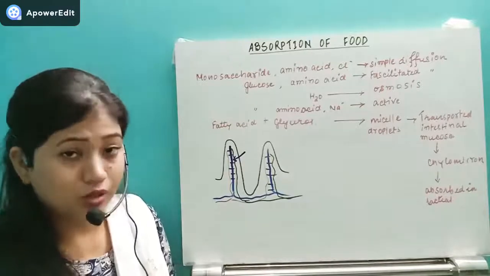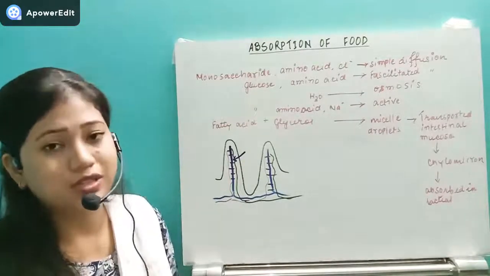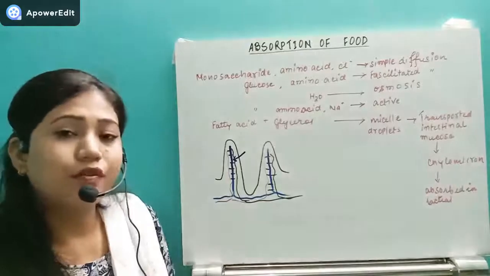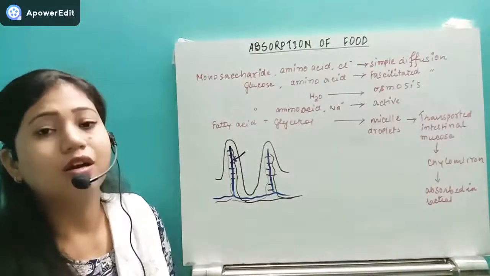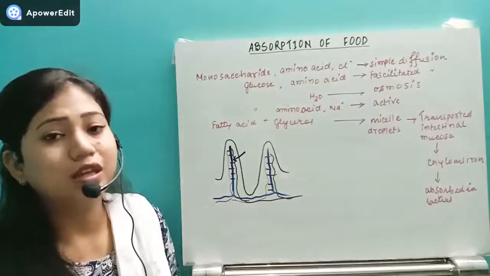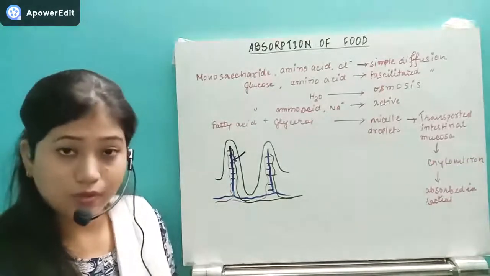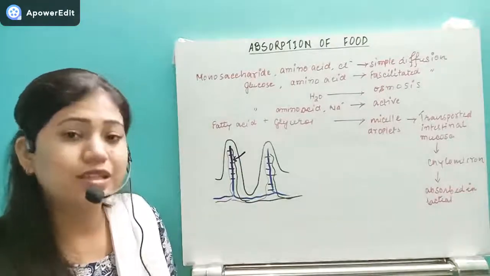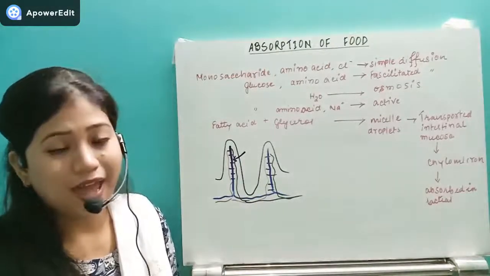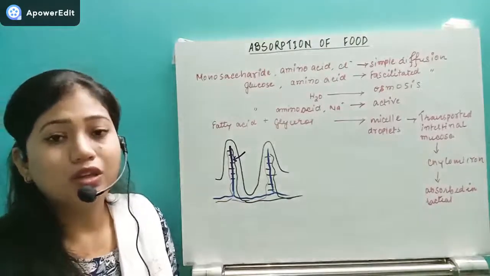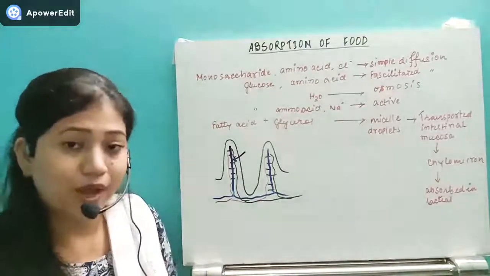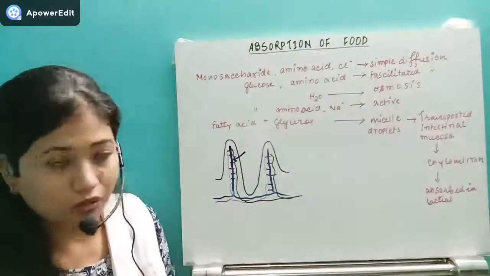Then for the protein, the unit will be the amino acid, and for the fats it will be the fatty acid and glycerol. So how will all these units be absorbed by our body, let's just see.